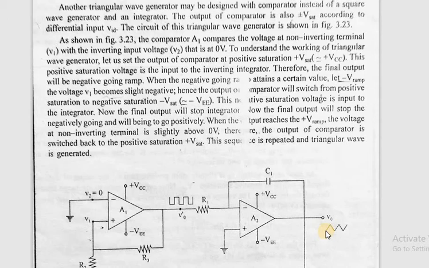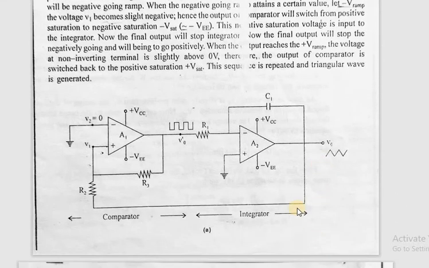It keeps on going negative, and at some point its voltage is fed back to the input V1. This means a part of the output voltage is fed again to V1, so it goes on becoming negative.